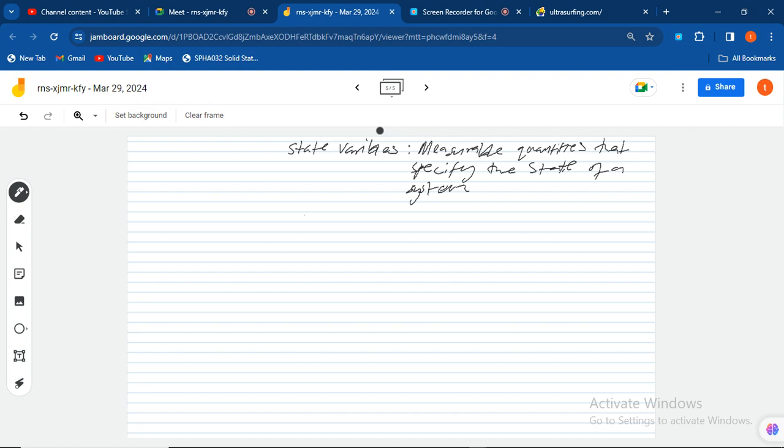And another important term, we have what we call extensive properties. What are extensive properties?